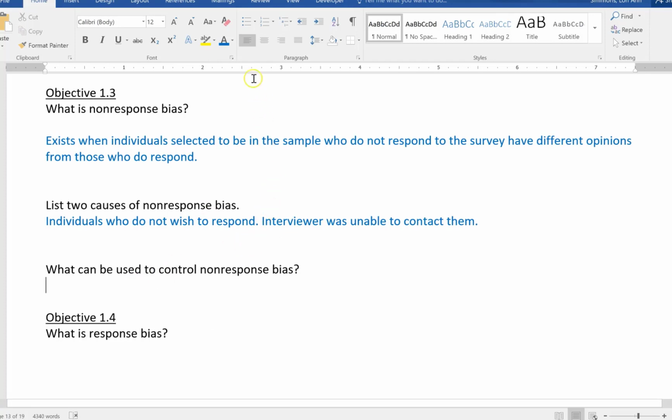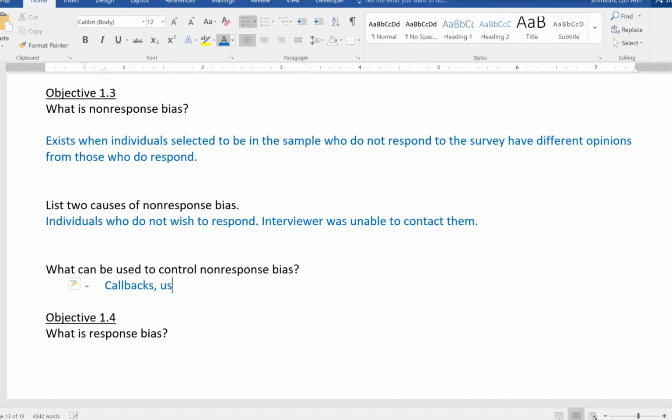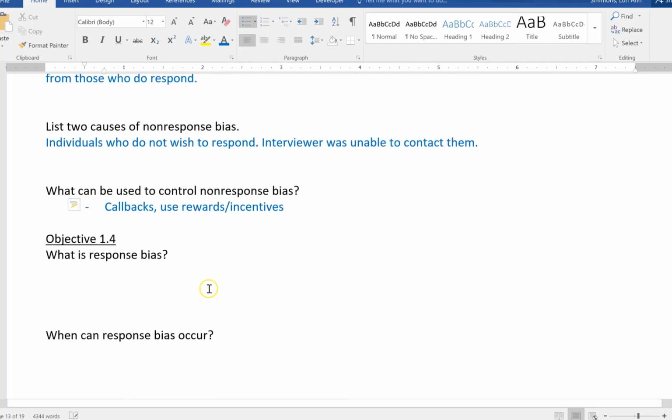What can be used to control this non-response bias? Well, you could perform callbacks, or you could use rewards or incentives. You can mail them back the letter. There's lots of options you could do here. These are just two of the options.